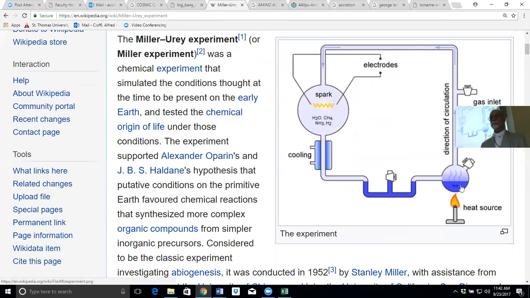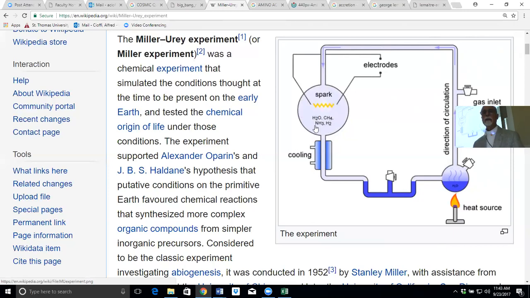it starts here, okay? And here, they had water, which they boil to make gas, to make vapor. Here goes water vapor, so they're adding water vapor in here, right? But in here also they added the CH4, which is methane, right?